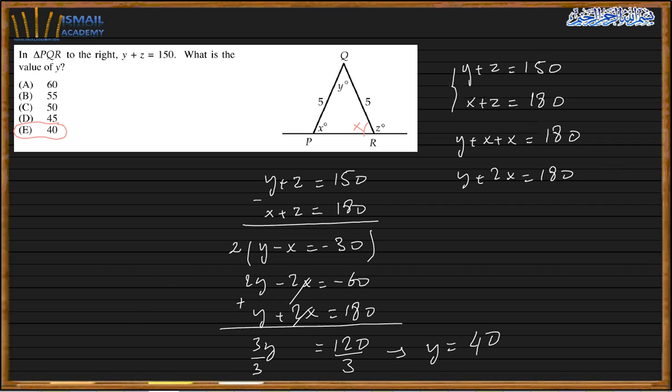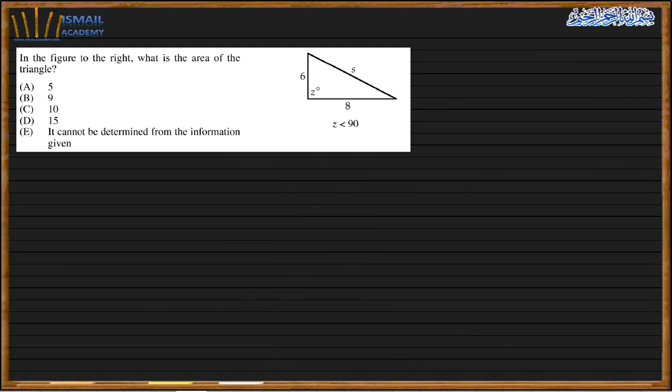In the figure to the right, what is the area of the triangle? Here they give me the base and the height, but this is not 90 degrees. That means this is not the base and this is not the height. I cannot assume one of them is the height. If it's 90, then yes, I can.